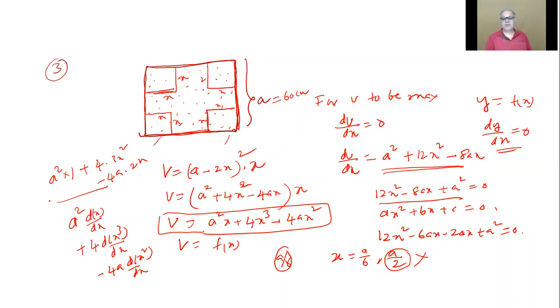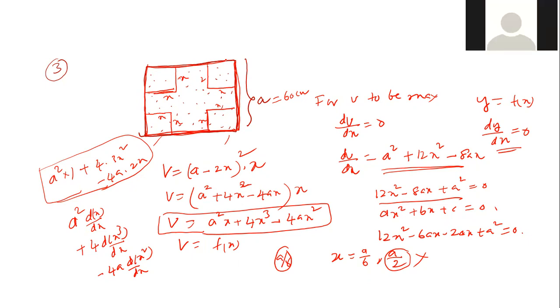Otherwise, generally people postpone it. See, so much we did already. A is the constant, 60 centimeters. Why will it change? So what is variable and what is constant is a major challenge once again.